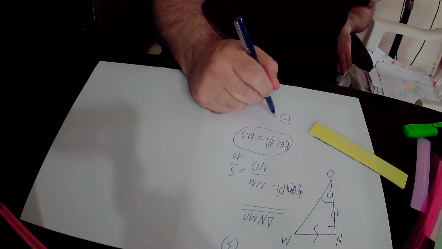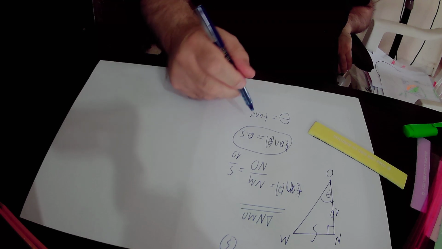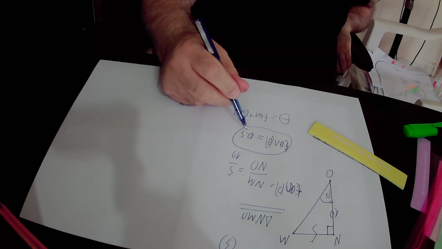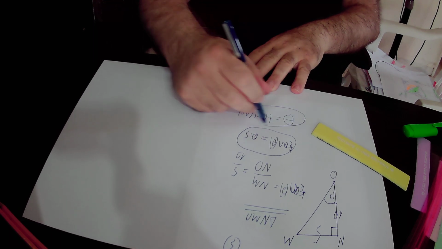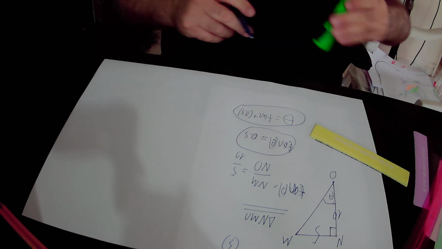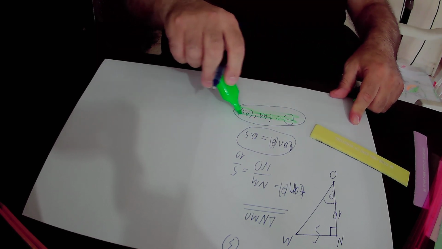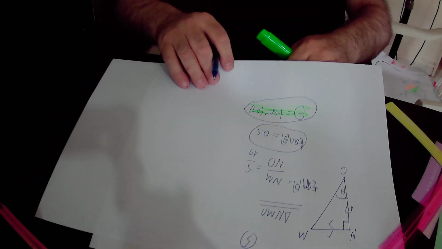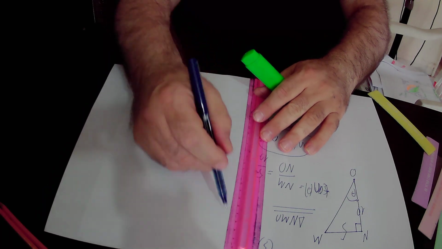So theta equals tangent minus 1 of 0.5. Okay. In the next step, we will find the value of sine 2 theta.